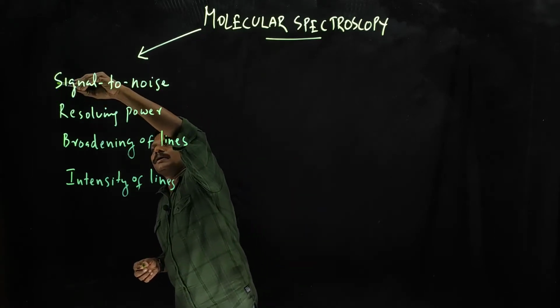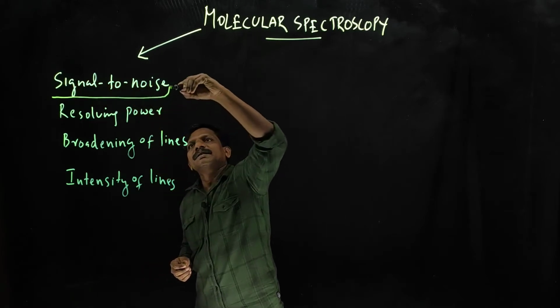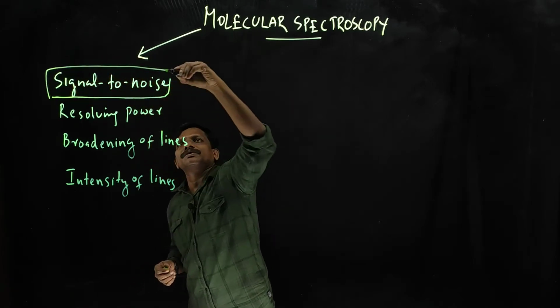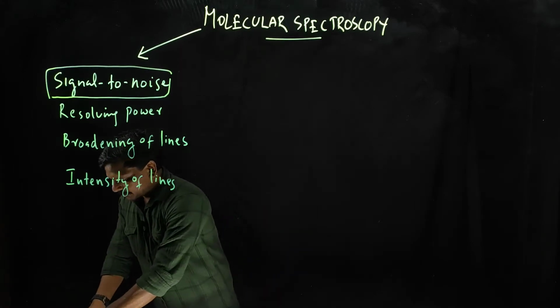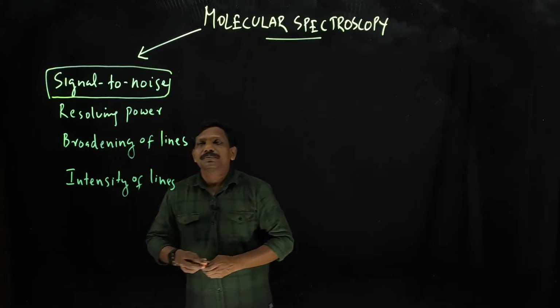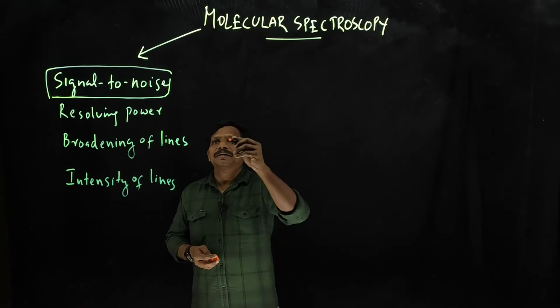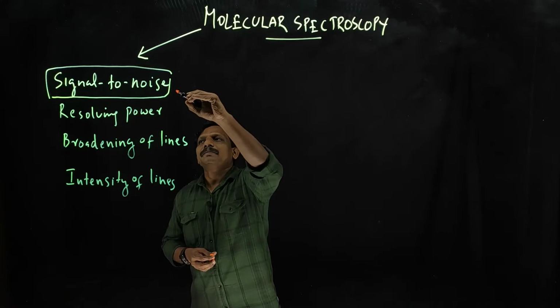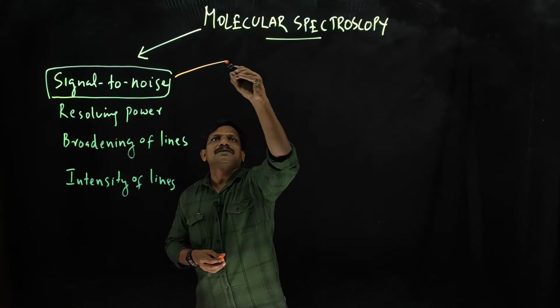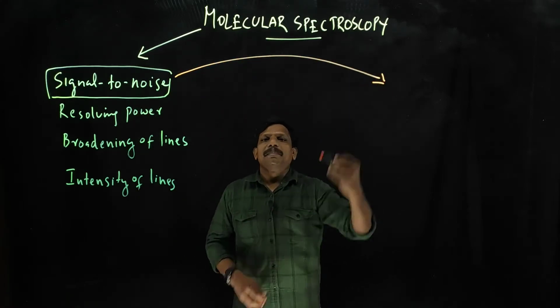First I will tell you about the signal-to-noise ratio in spectroscopy. I told you last time about the spectra resulting from the interaction of radiation with matter.